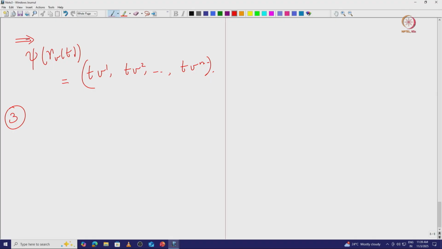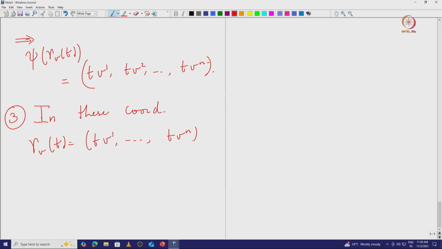For part 3, we just note that in these coordinates gamma v of t, as we have just remarked, is given by this straight line path.